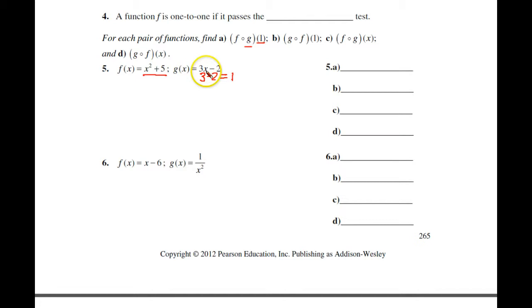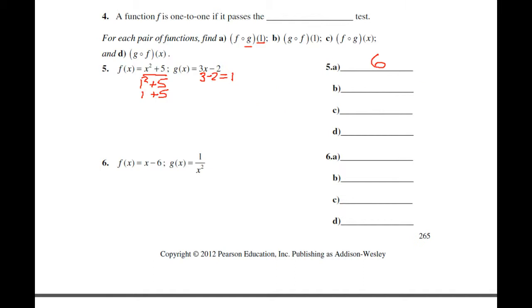We now take our value of the g function and put it here, where x is 1. So 1 squared plus 5 is 1 plus 5, which is 6. So our answer here is 6.